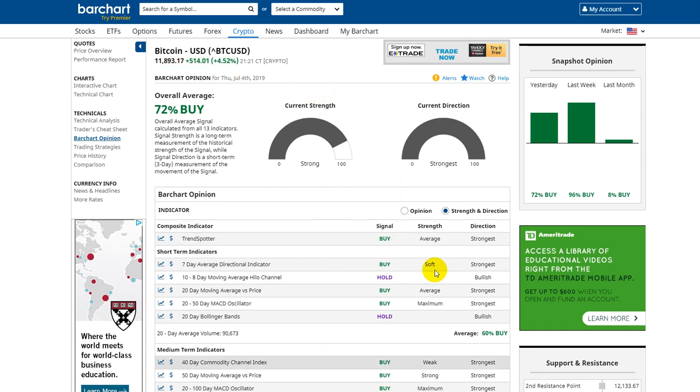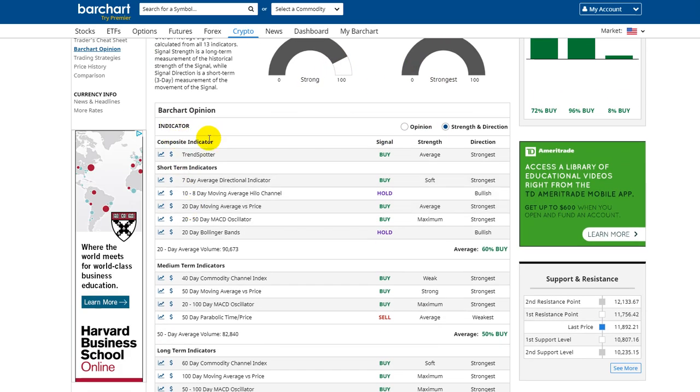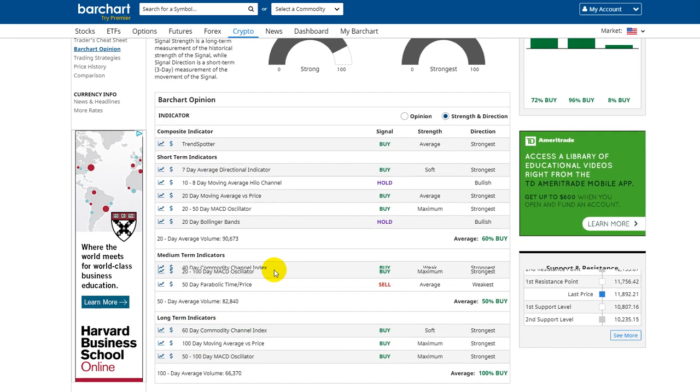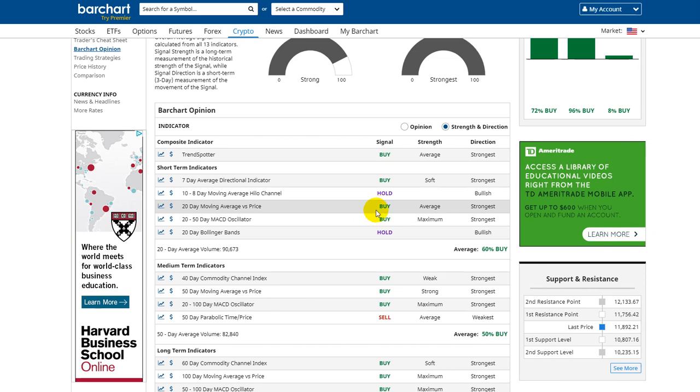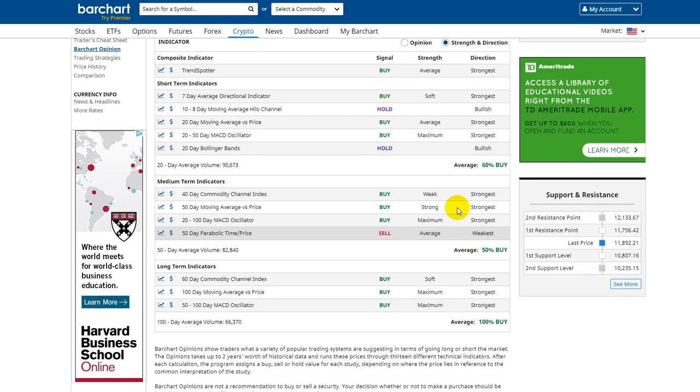So this is just based on facts and numbers, and we have the indicator here, we have the composite, we have the short-term indicator, we have the medium, and we have the long-term, and they have a couple of details, and they are each condensed to a number. Here we have the short term condensed to a 60% buy, the medium 50% buy, and the long-term indication of a 100% buy.